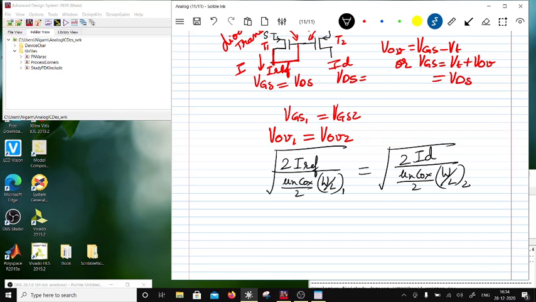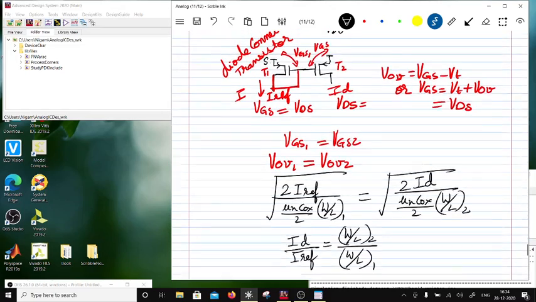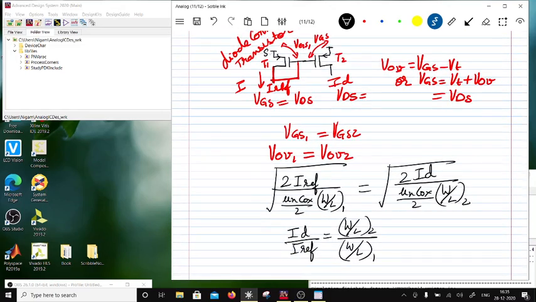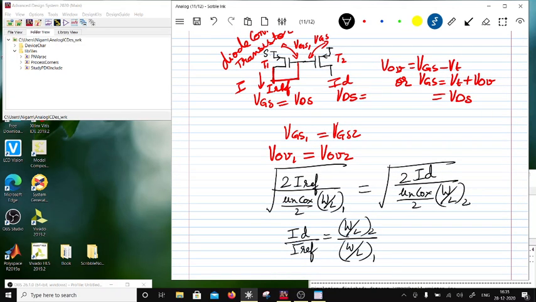Now if I square both sides and cancel, I would say ID by IREF would be equal to W by L2 divided by W by L1. So the current is mirrored with a ratio of their sizes. W by L is the size. So ID is this ratio of sizes multiplied by IREF.